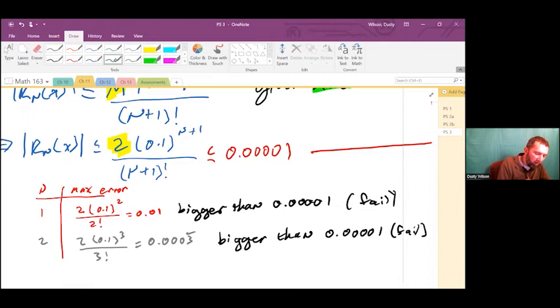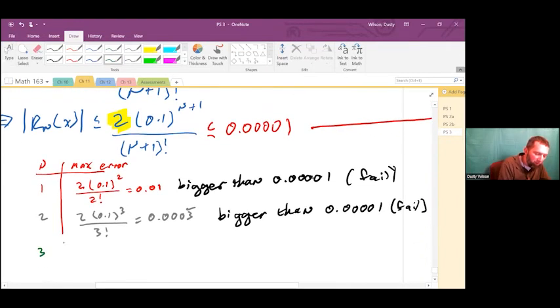So now let's try it at 3. We'll have 2 times 0.1 to the 4th power over 4 factorial, which will be 0.0000833 repeating.